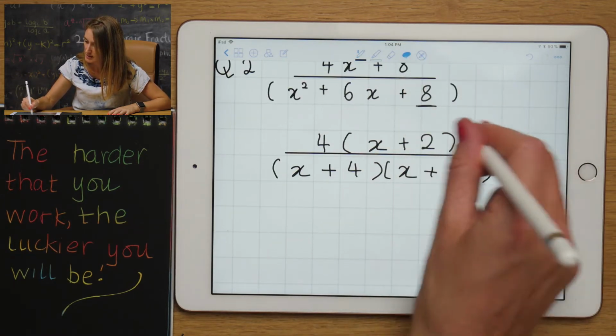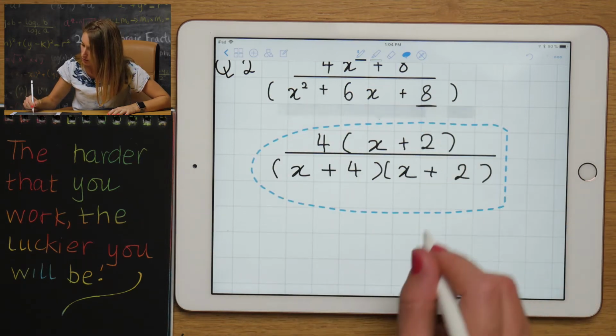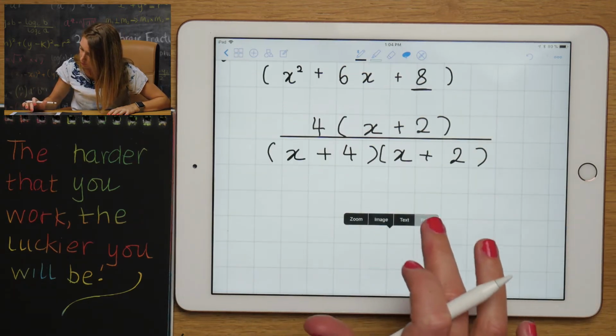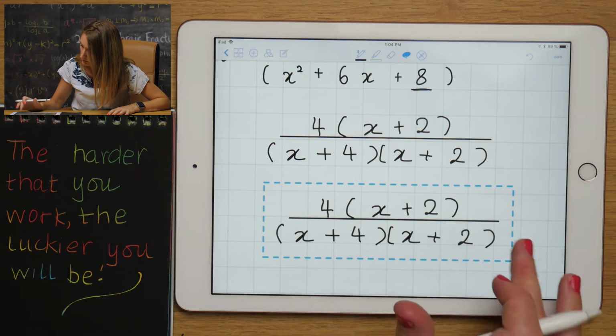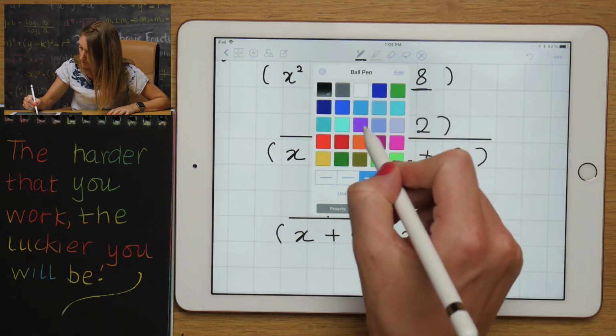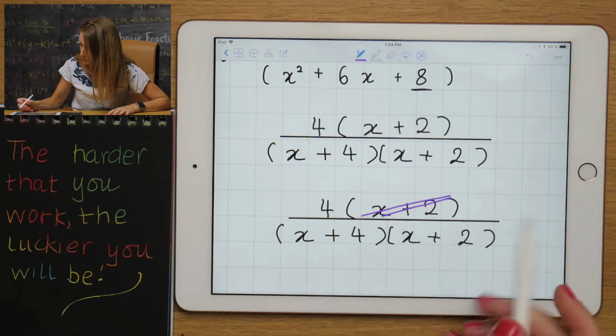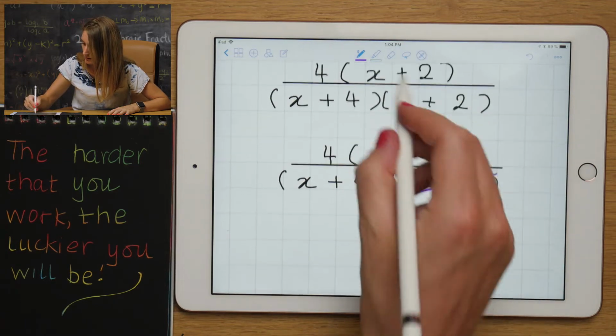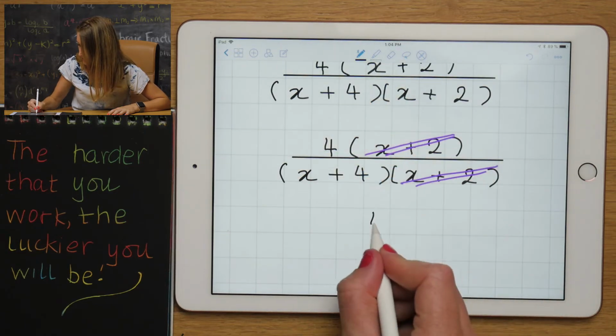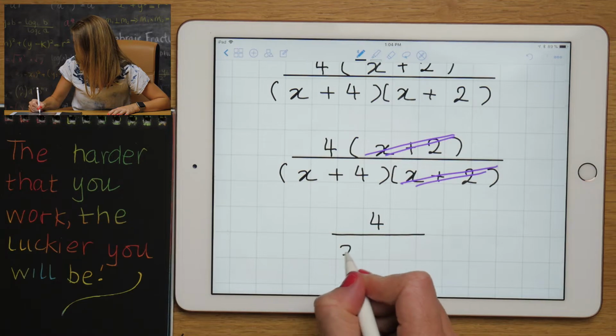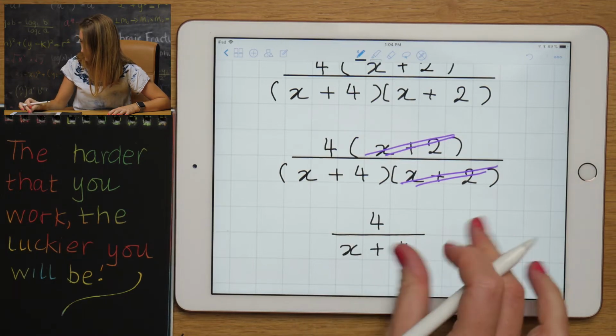In the second step, just like the first question, you cancel the common factors. So look for what's in both. You can see x plus 2 is here, and again here, and we're going to have a final answer of 4 over x plus 4.